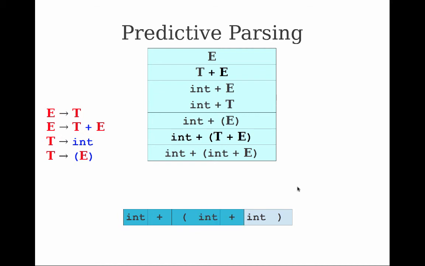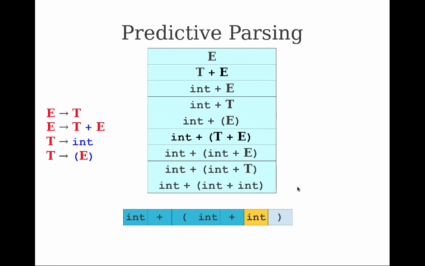Now we've consumed the int plus, and we have left the int close paren, so that tells us that the E ought to go to a T, and now the T ought to go to an int. And finally, we have the close paren, and we've parsed the whole string.